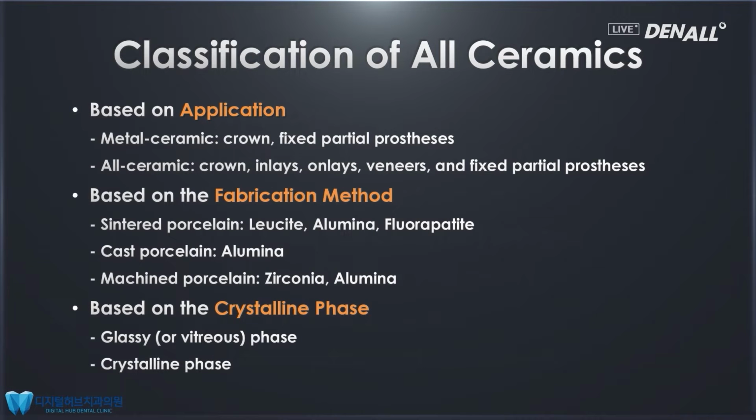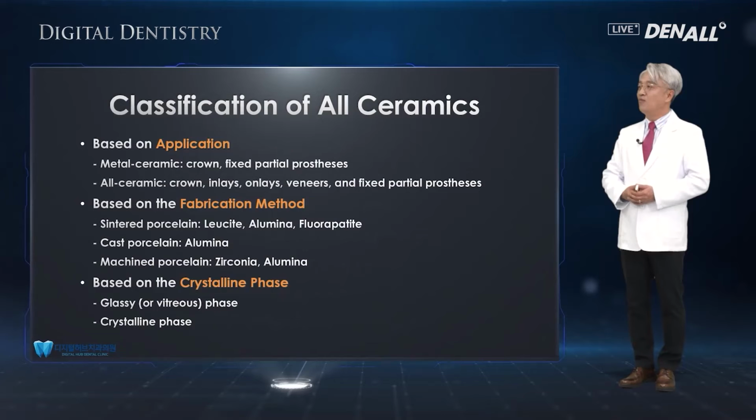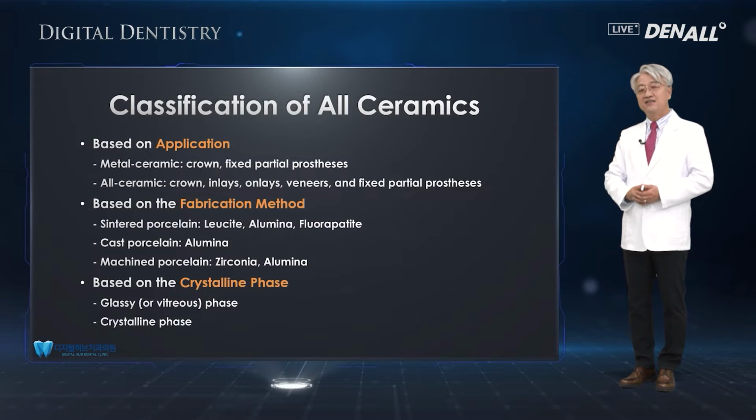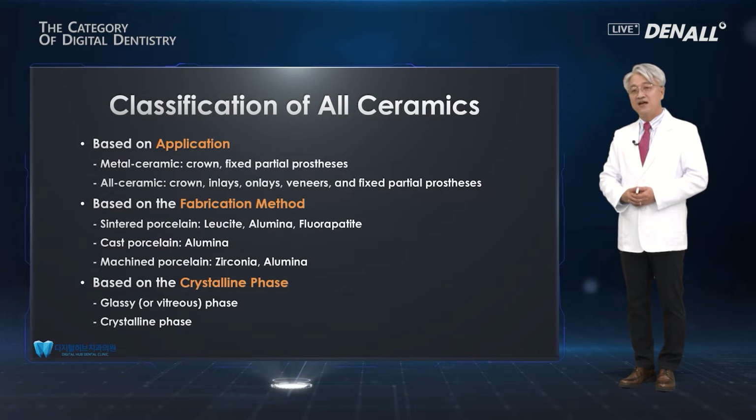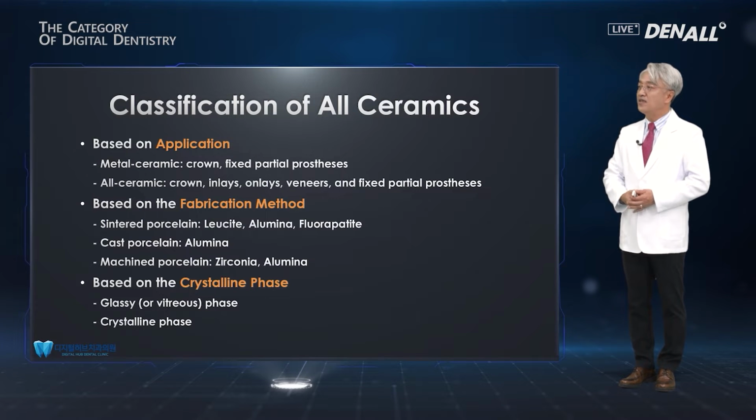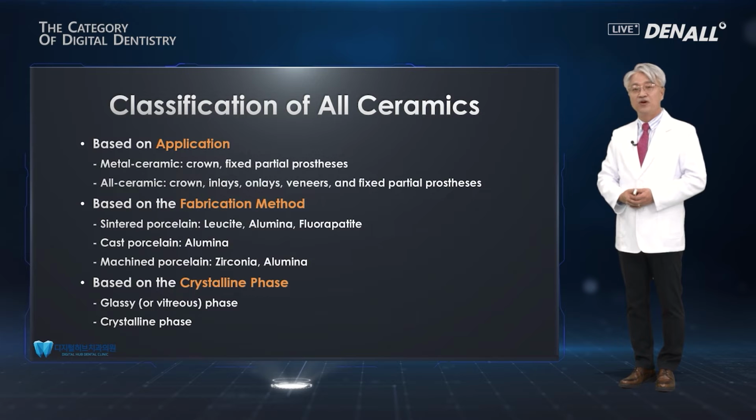So classification wise, you can do it in three ways: in terms of application, fabrication method, and whether it's crystallization or not. So in terms of application, as I told you before, metal or gold crown, aesthetically, you do veneering, so you could use metal ceramics, or you could also have all ceramics for crowns, bridges, and veneers.